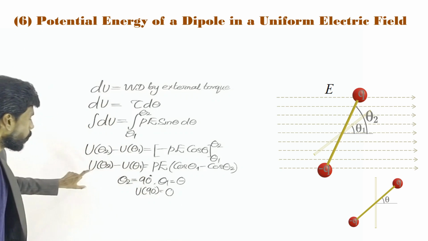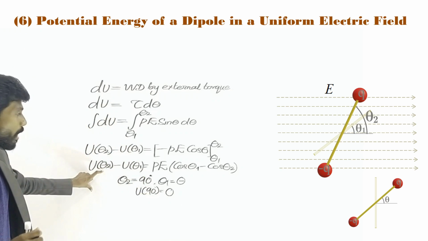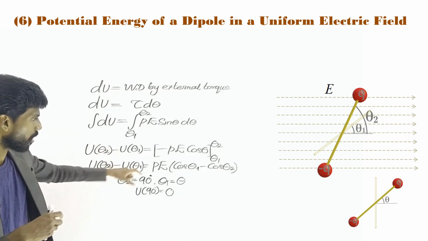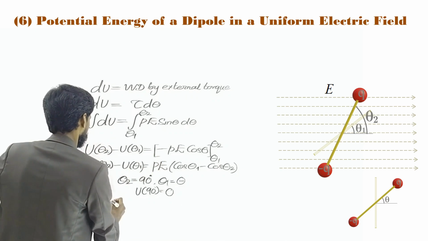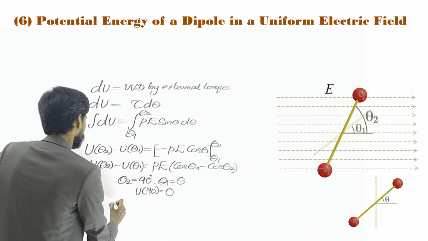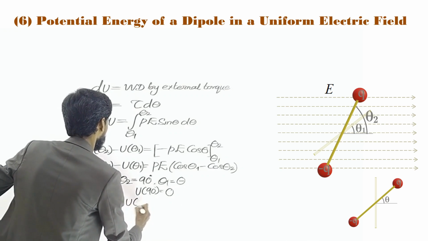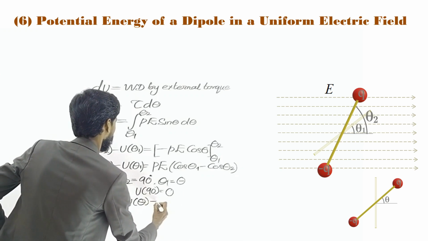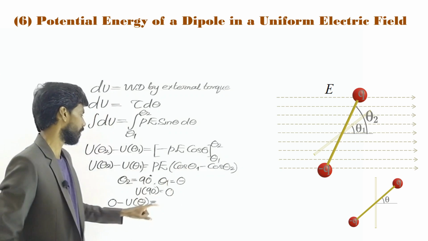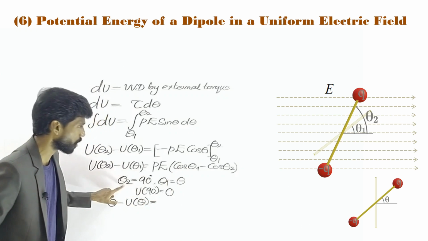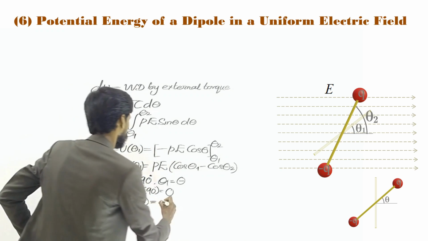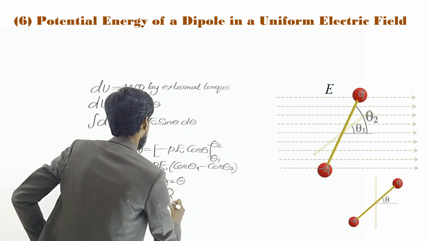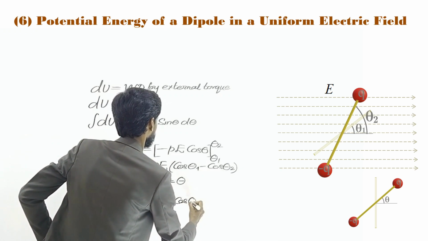So that means U of theta 2 is 0, and U of theta 1 is U of theta. Let us do the substitution: 0 minus U of theta equals, with theta 2 being 90 degrees and cos 90 being 0, P E cos theta.